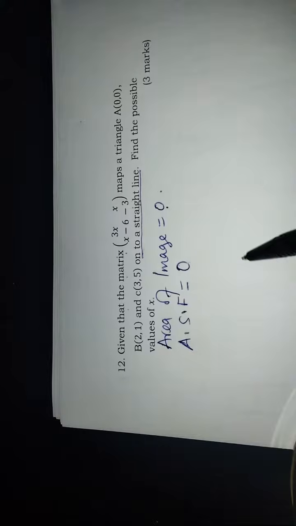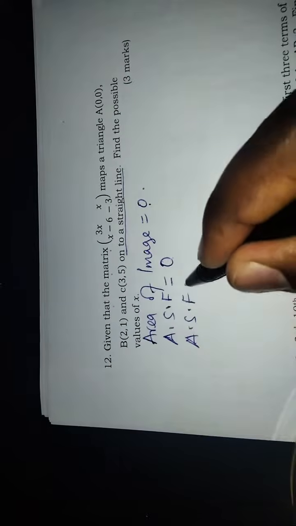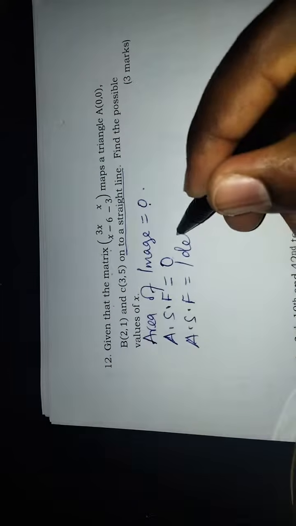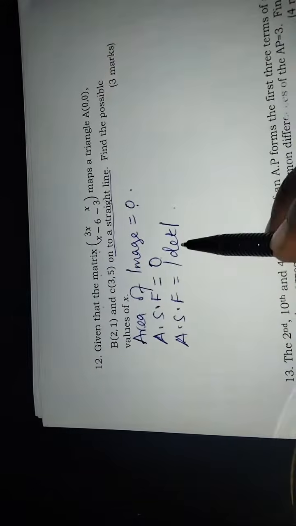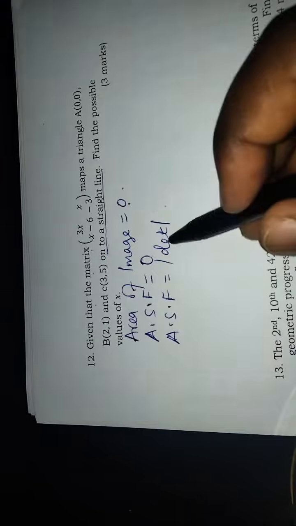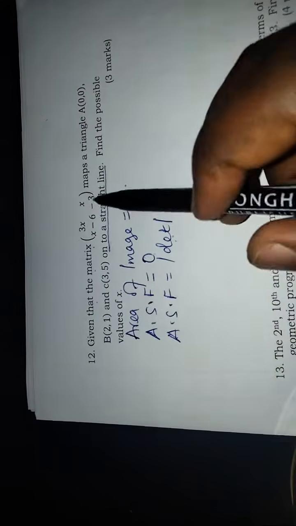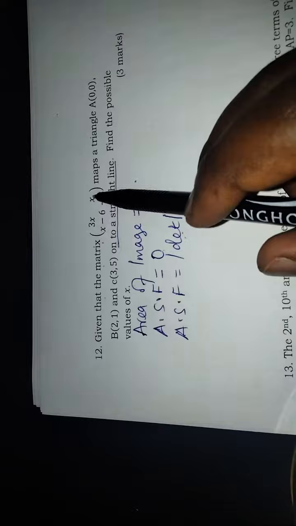This is to mean that now, because area scale factor is usually given by the absolute value of the determinant of the matrix involved in a certain transformation, then it means the absolute value of the determinant for this matrix is also 0. So if that is 0, then we can express the determinant for this matrix and we get the values of x.